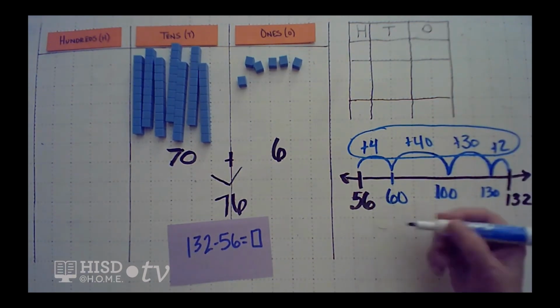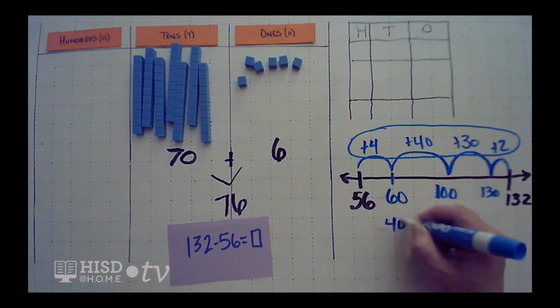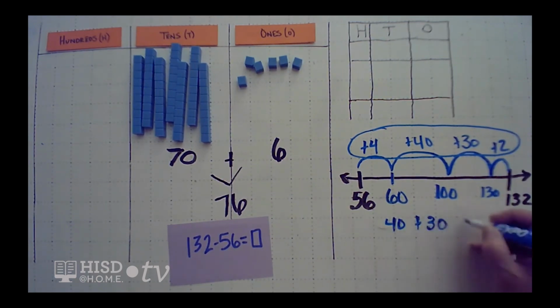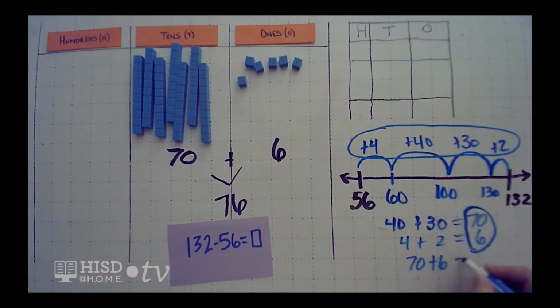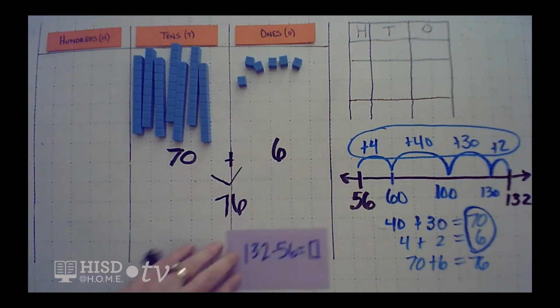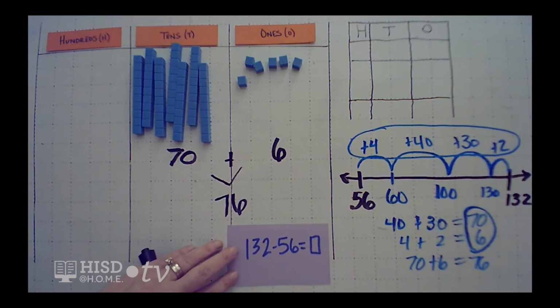Well, I know that 40 and 30 is the same as 70. And I also know that 4 and 2 is the same as 6. So if I join these numbers together, my sums, 70 and 6 is the same as 76. So 132 minus 56 gives me a difference of 76.